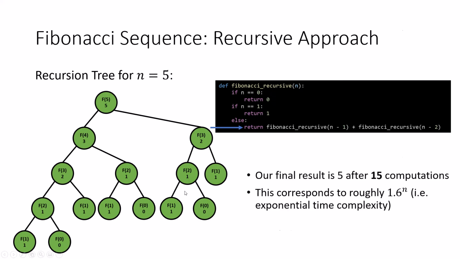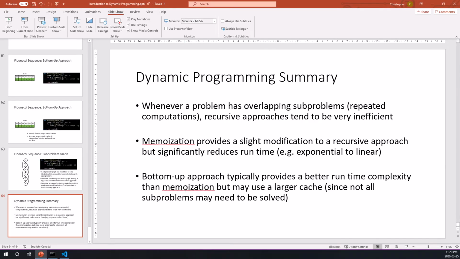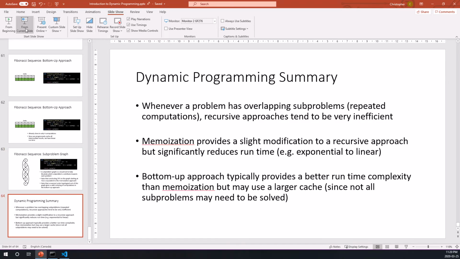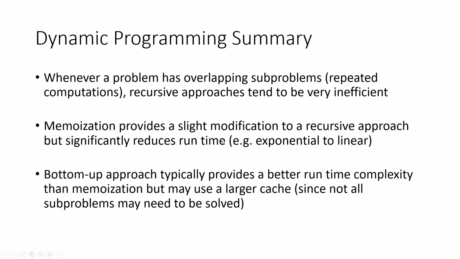Whenever we have a situation where we need to compute the same problem multiple times, that's called overlapping subproblems. And that's always where a recursive approach tends to be very, very inefficient.